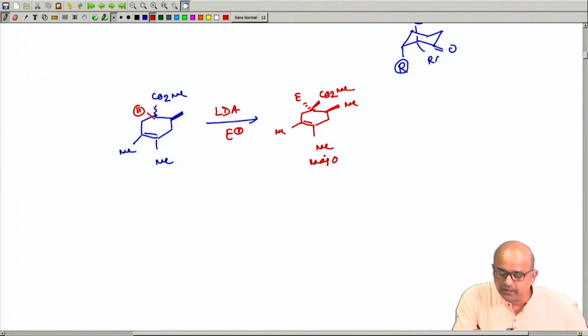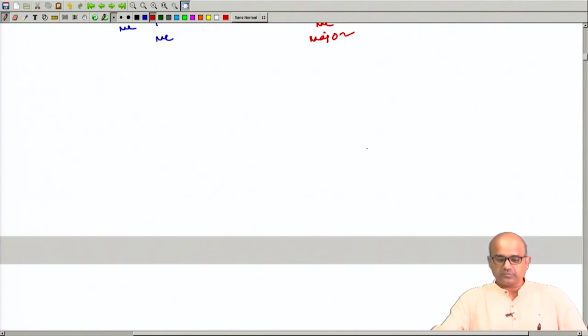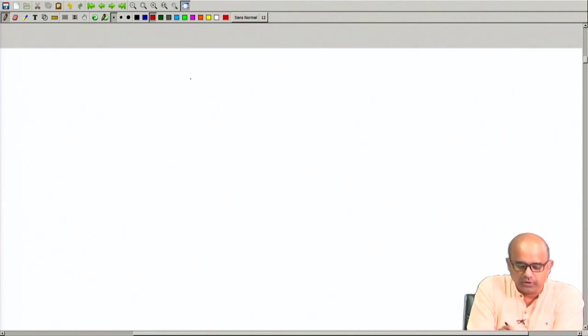So, this kind of predictive stereochemistry was very well explained, and you can explain it. In the next slide, we will try to talk about, or I can give you an assignment probably.